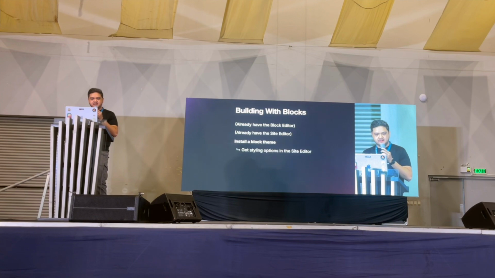So with that, we now get more styling options in the style editor. And then we also get new patterns, and these are our templates to make things quicker. And then the next step would be to install all the other necessary plugins. So if you can see, it's the same process except we skipped a few steps. So after this, you can start right away.